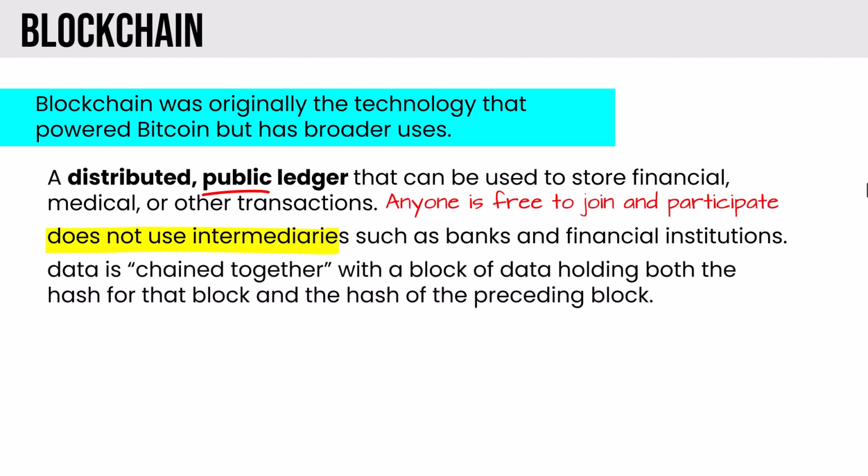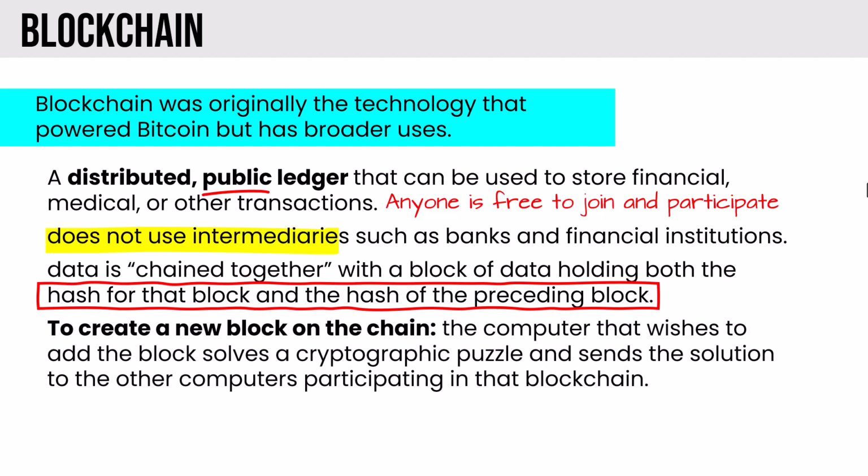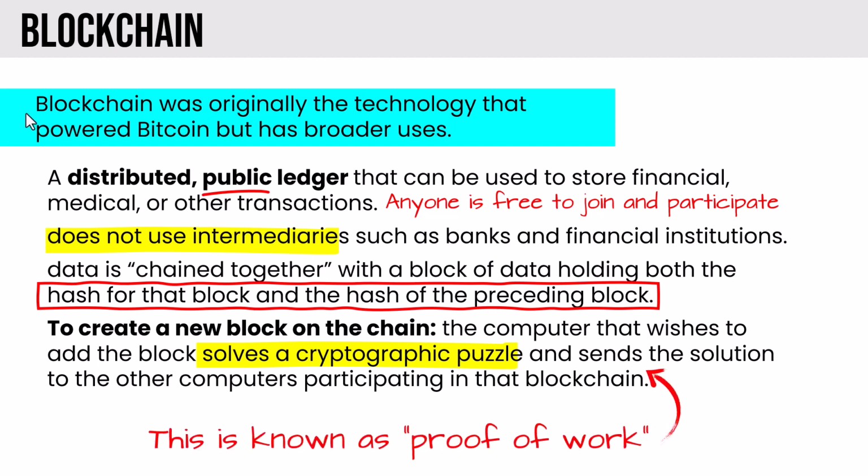Data is chained together with a block of data holding both the hash for that block and the hash of the preceding block. To create a new block on the chain, the computer that wishes to add the block solves a cryptographic puzzle and sends that solution to the other computers participating in that blockchain as proof. This is known as proof of work.